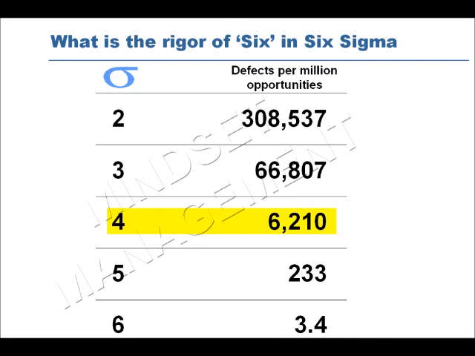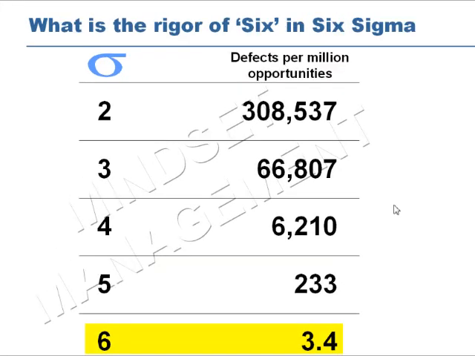If the process is at 4 sigma, there are 6,210 defects in a million opportunities. If the process is at 5 sigma, there are 233 defects in a million opportunities. If the process is at 6 sigma, there are 3.4 defects in a million opportunities.